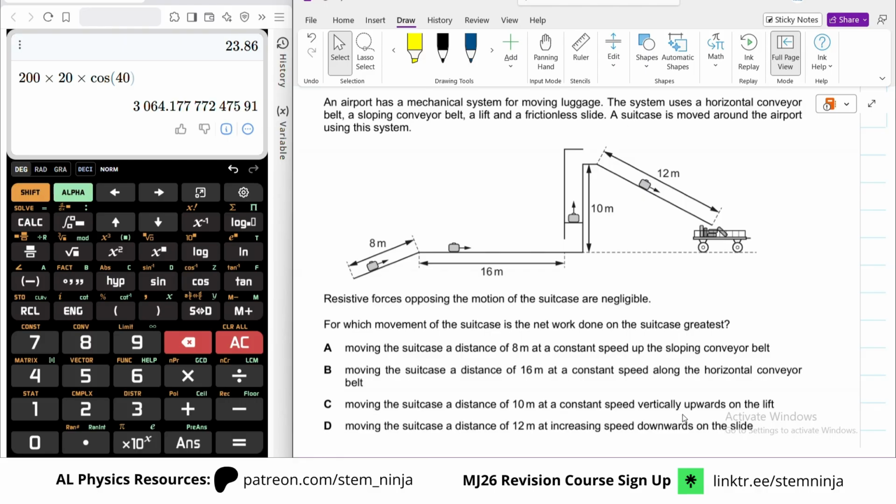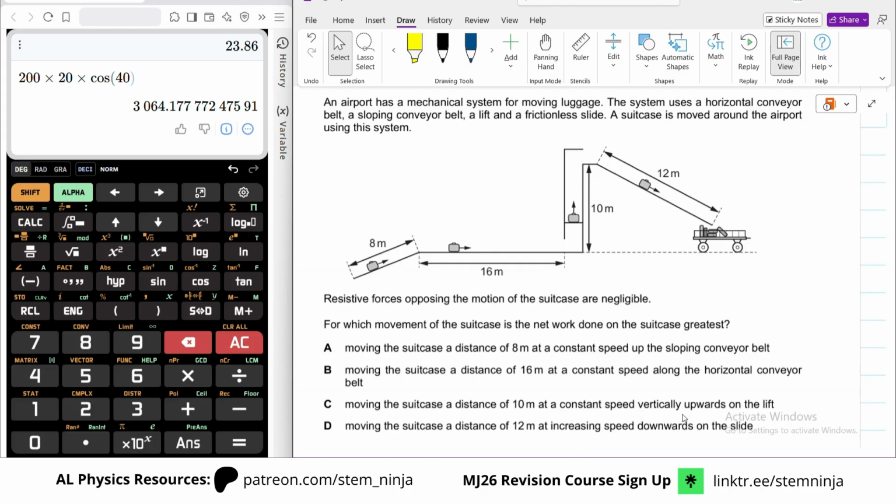Suitcases move around the airport using the system. Resistive forces opposing the motion of the suitcase are negligible. For which movement of the suitcase is the net work done on the suitcase greatest?